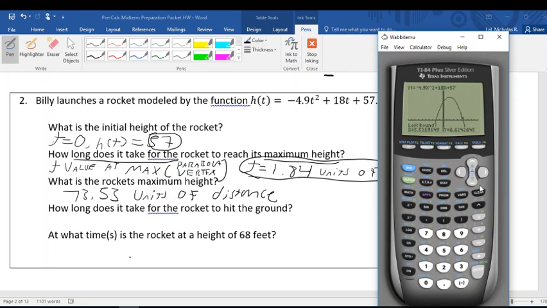Move to our left bound point right here and our right bound point right here. Our best guess is right there at this zero. x is equal to 5.71 and our y is equal to 0.